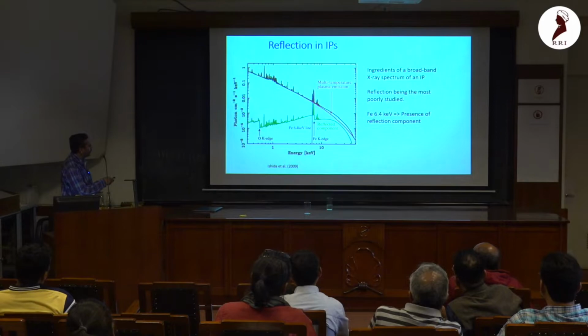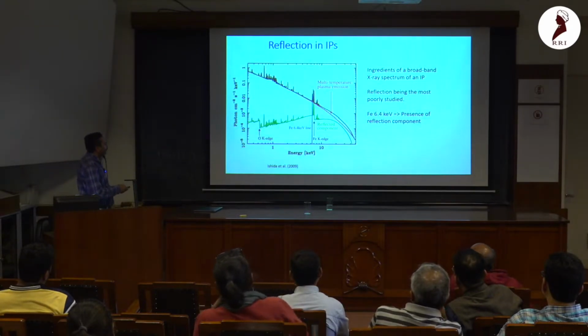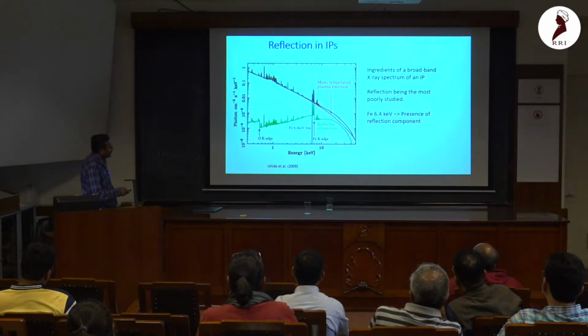On top of that, there is a smooth continuum, which is a multi-temperature plasma emission coming from the accretion column. On top of that, around 20 or 30 keV, we expect to see this reflection hump, which is again reprocessed emission from the hard X-rays.